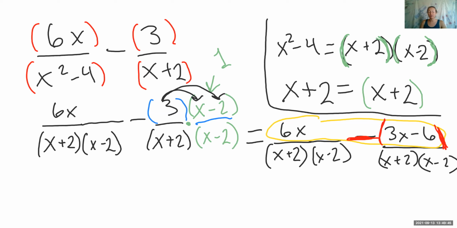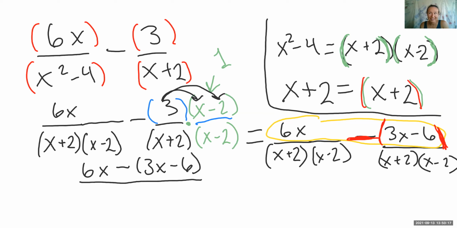So when you combine your two fractions, it's really important to throw some parentheses in there, right? We threw in some parentheses up here. It's nice to throw in parentheses when you know that they belong there, to reinforce in your mind that this is a grouping, okay? So what does that leave us with? We've got 6x minus our 3x minus 6, all over that single denominator, x plus 2 times x minus 2.